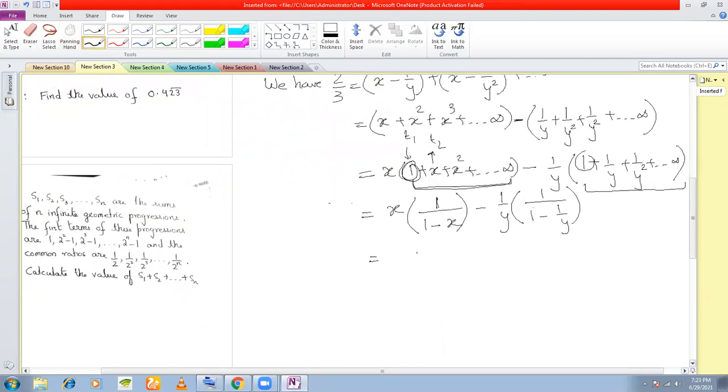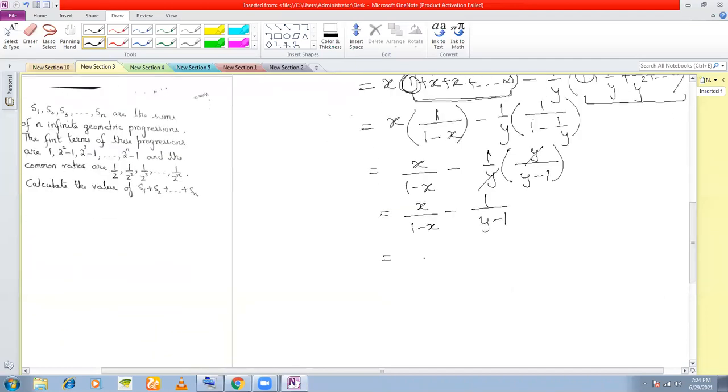You get x by 1 minus x, minus, you can take the LCM here also, 1/y into y by y minus 1. So you can cancel these two y's. So you get here x by 1 minus x minus 1 by y minus 1.